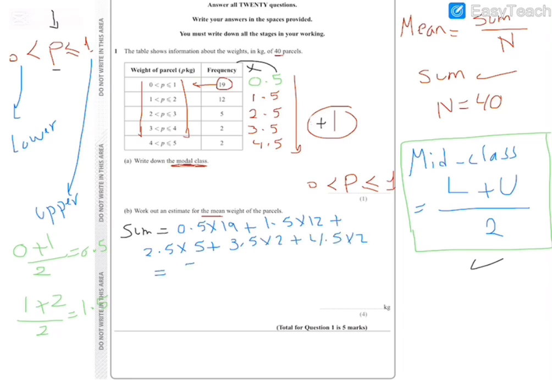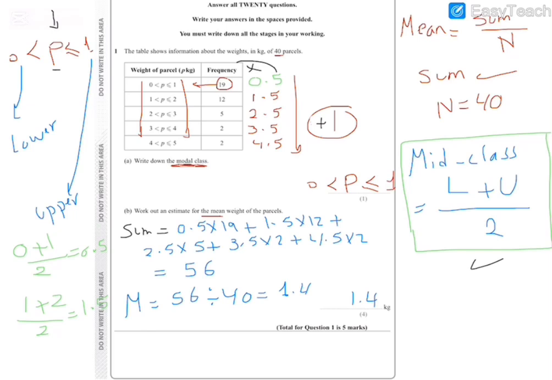You can calculate it. It will be 56. So I find my mean, 56 divided by the number of parcels. It will be 1.4. So my answer is 1.4. Okay, this is question number 1.